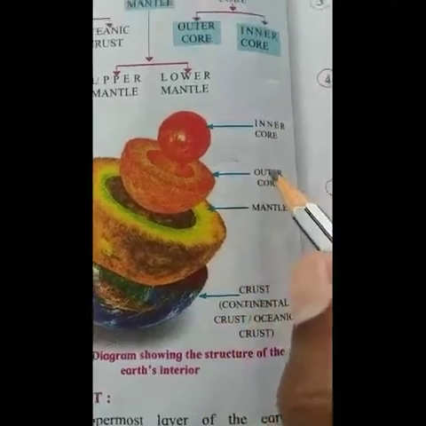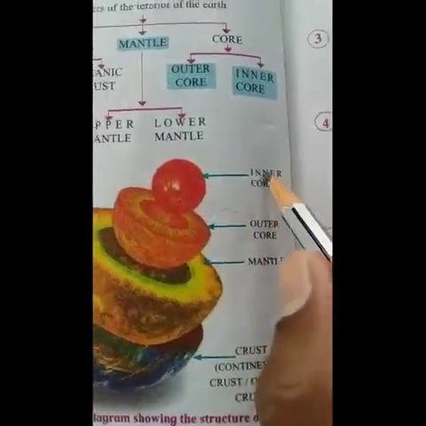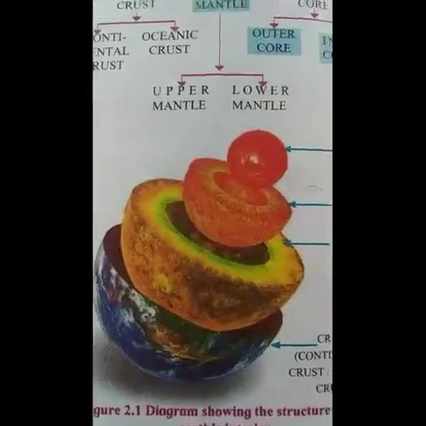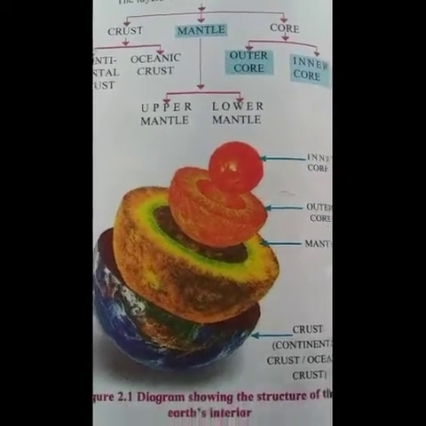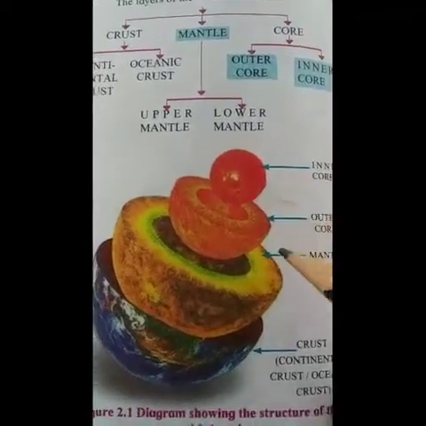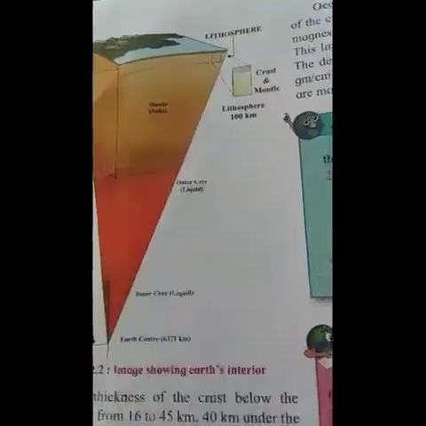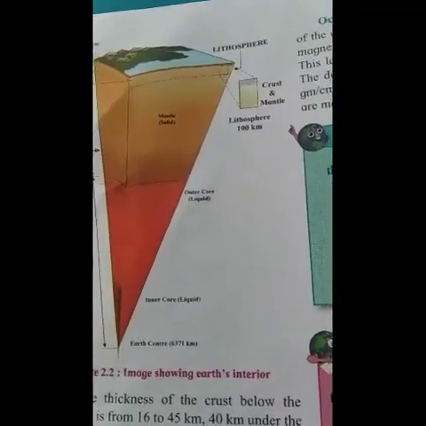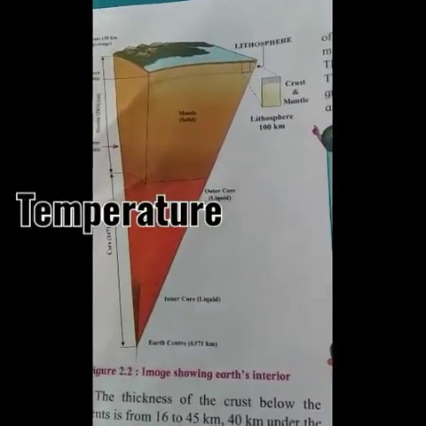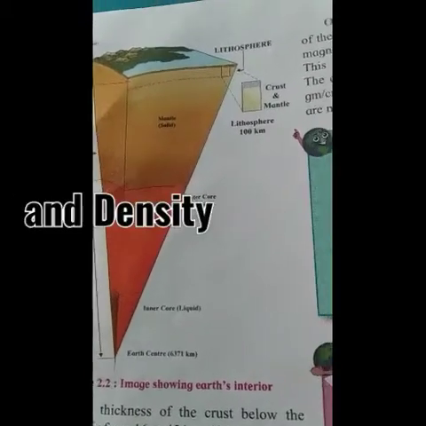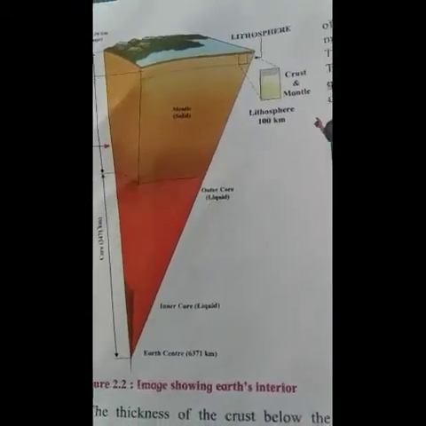Mantle, outer core and inner core. And now we will see more information about these different layers of the Earth. And with respect to elements like temperature and density, we will discuss the interior of the Earth.